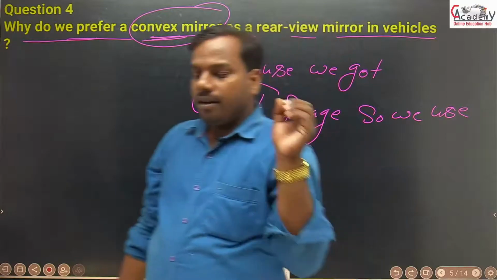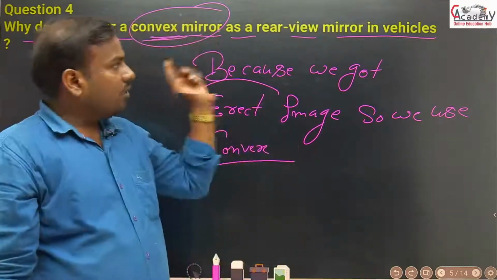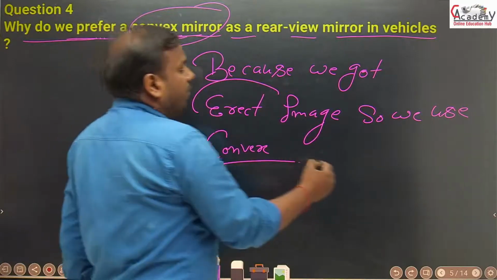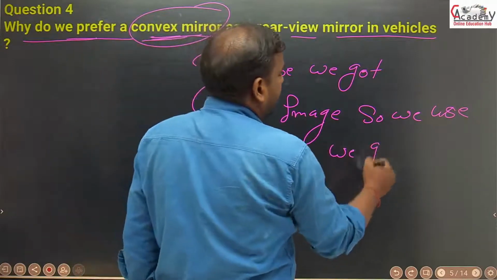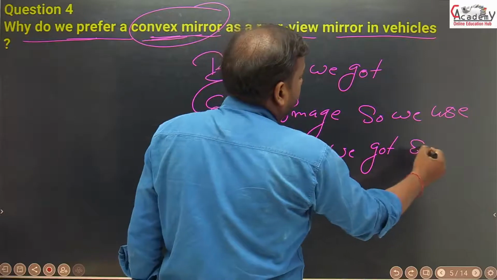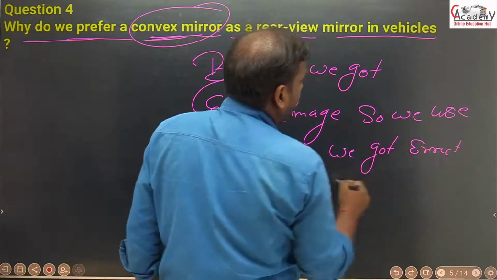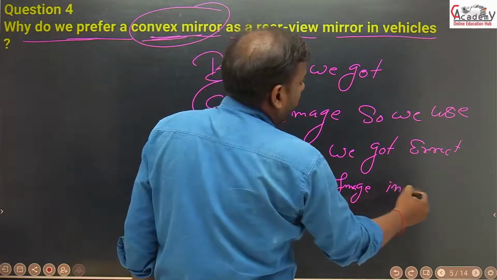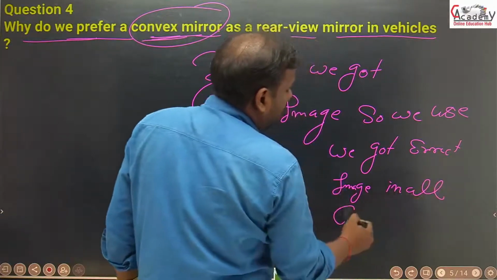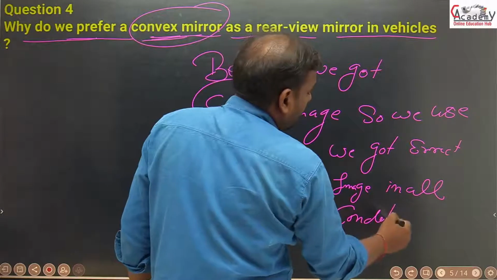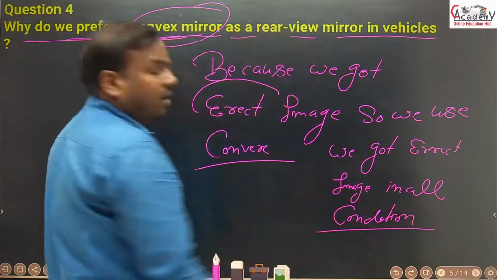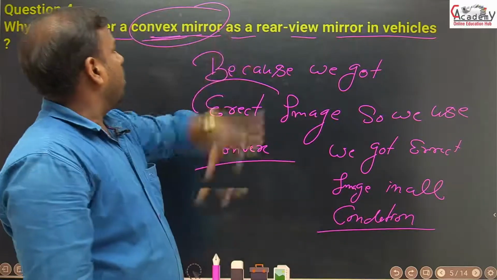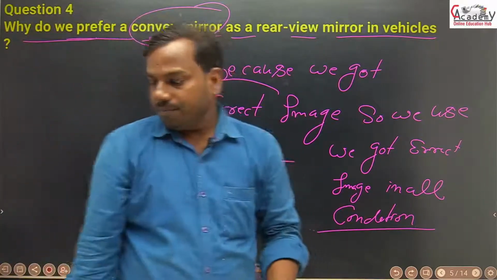So we never prefer the concave mirror, we always prefer the convex mirror, because in all conditions we get an erect image. Is that clear?